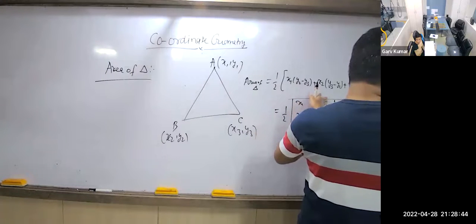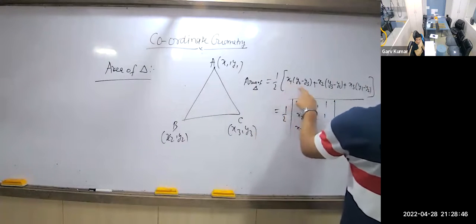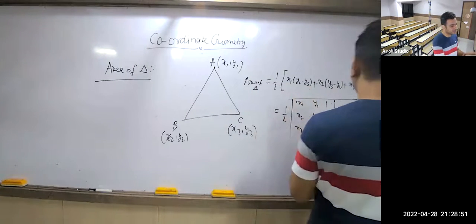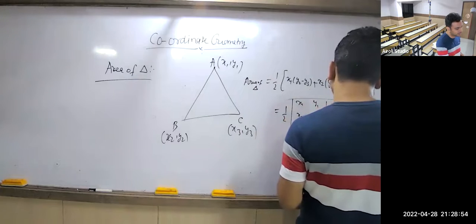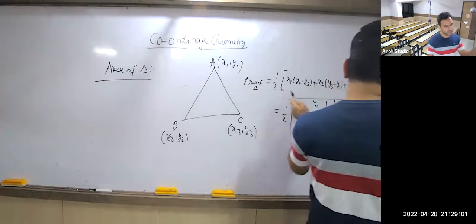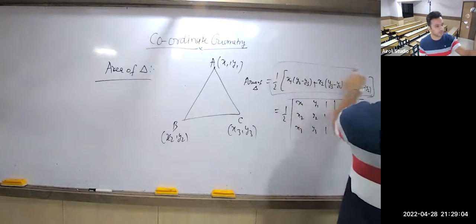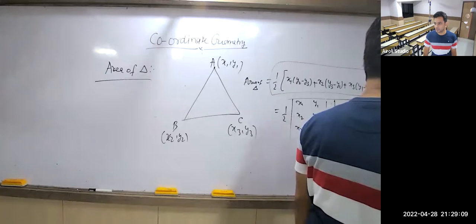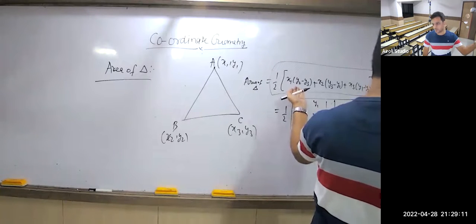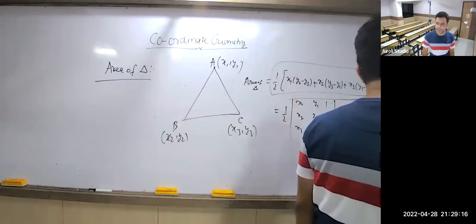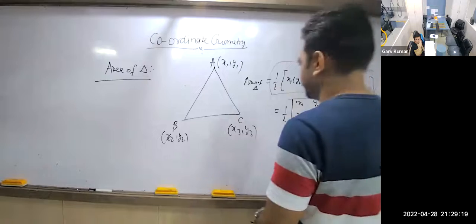So I write x1 times (y2 minus y3), plus the next term with minus y1 times (x2 minus x1)... In that case you get the same value after solving this. It's up to you whether you remember the formula or solve by determinant. Clear?